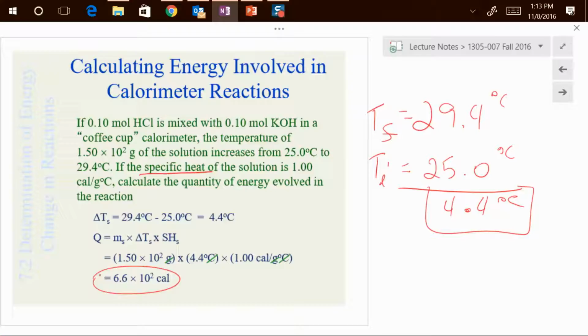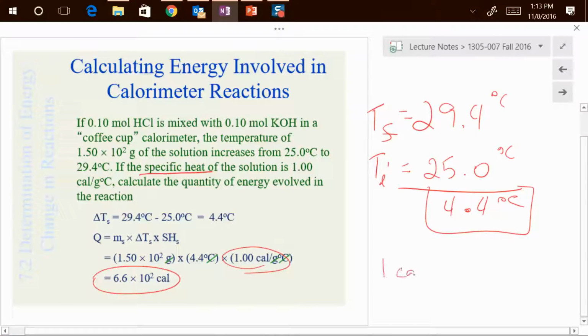So specific heat, okay, if we define what the specific heat is, here we're told that the specific heat is 1 calorie per gram times degrees Celsius. Or in other words, the specific heat is the amount of energy required, 1 calorie, to change 1 gram of a substance by 1 degree Celsius.